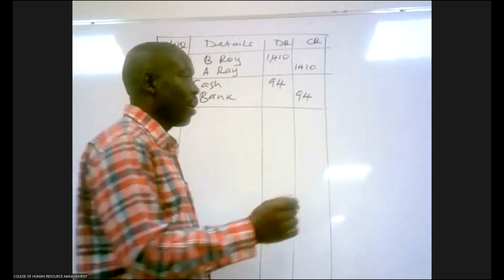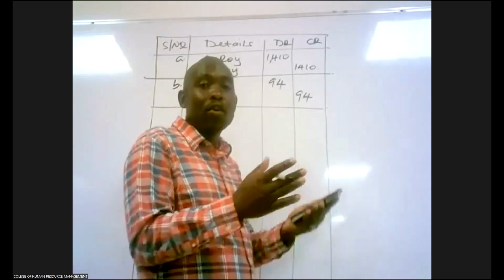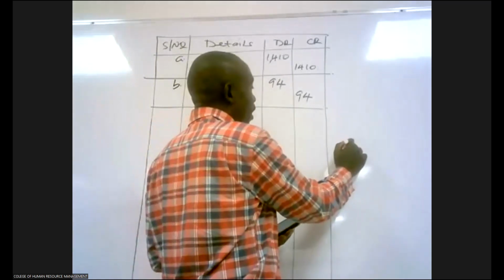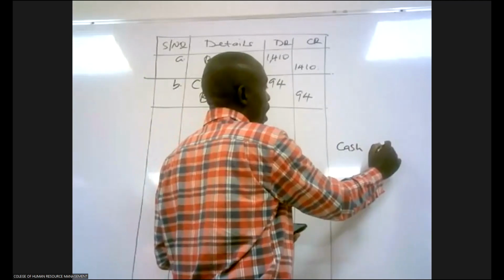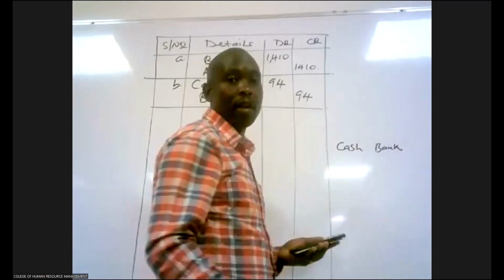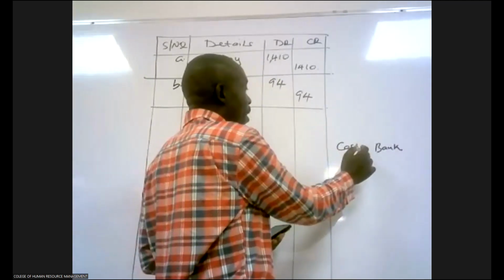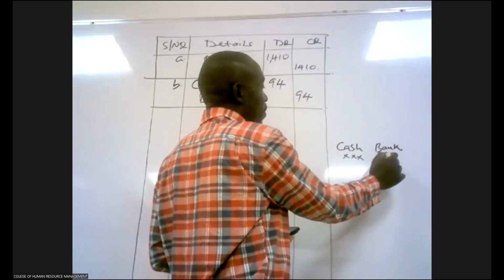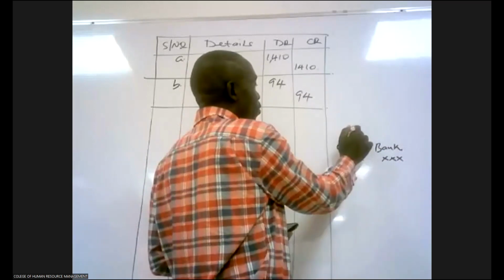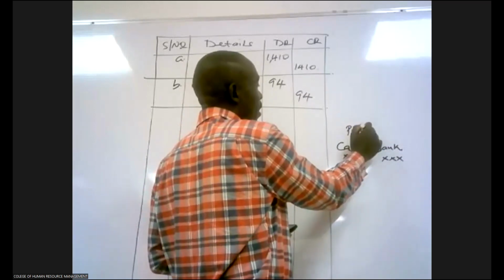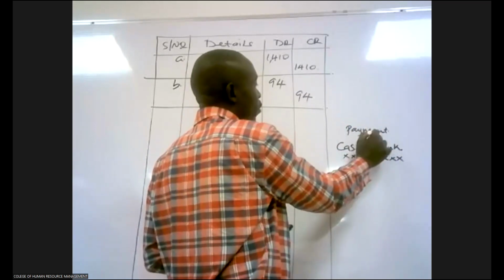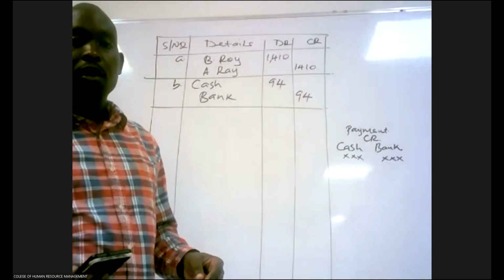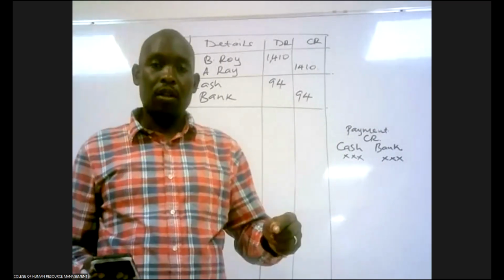So the cash book, I have said, is simply cash and bank combined. So here we shall be having the cash column and the bank column. If it is a payment in cash, we record it in the cash. If it is a payment that is made in the bank, we record it in this way. And this is the payment side of the cash book. So there's nothing like printing as an expense. We just take cash and bank, period.